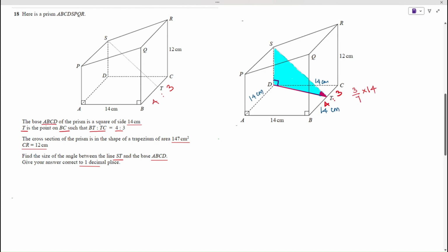So now we have our diagram labeled with all the information we know. So we know that the base, which is our square, has the side of 14 centimeters, and with our ratio of our side BC that's split by point T, we can find out that the length of BT is 8 centimeters and the length TC is 6 centimeters, because this is 14 split in the ratio of 4 to 3.